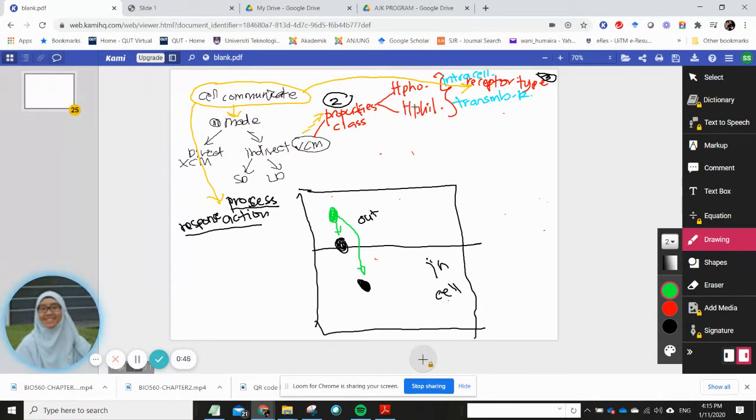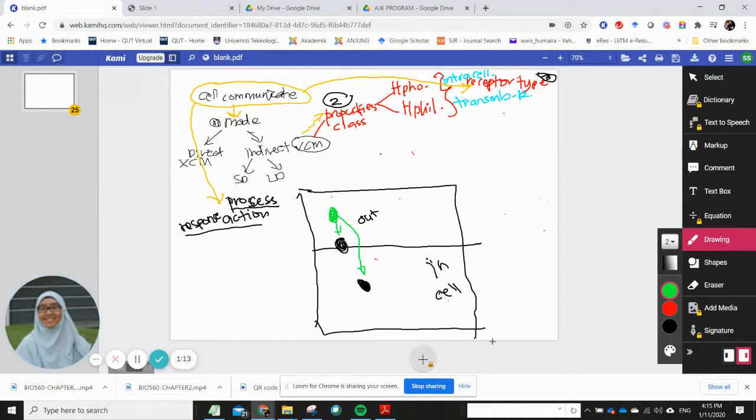So hydrophobic chemical messenger and hydrophilic chemical messenger, these properties here determine the type of receptors used or binding. Okay, whether intracellular receptor or transmembrane receptor. Hydrophobic chemical messenger, the receptor is intracellular receptor. Hydrophilic chemical messenger, the receptor is transmembrane receptor.